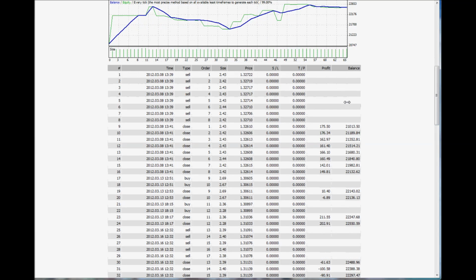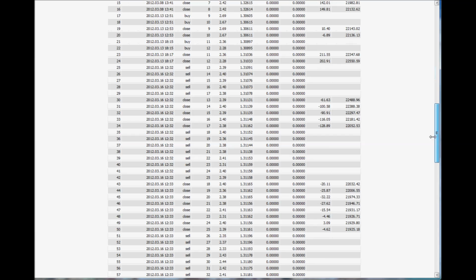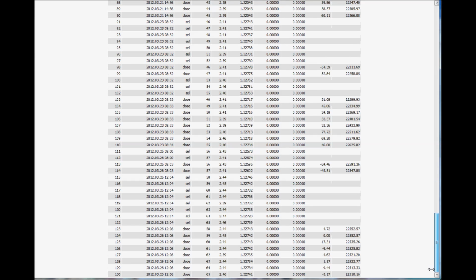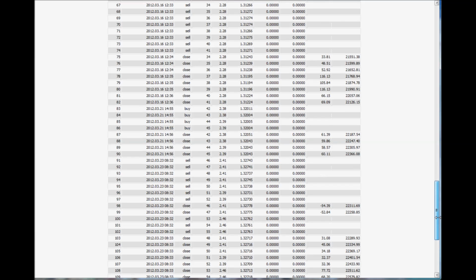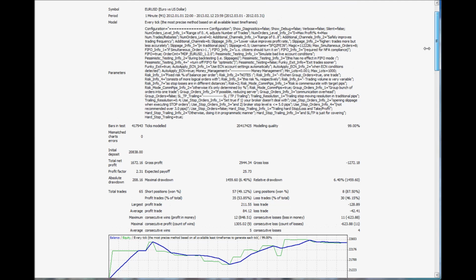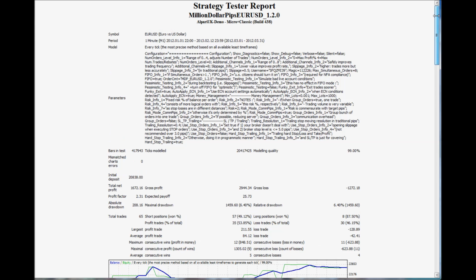So as you can see, we started off, and at the end of the time, we've made 22,510. So in that month, we made a little bit of profit there, which is good. And our gross profit was 2,944, and that was using the settings we'd found from the first 2 months.